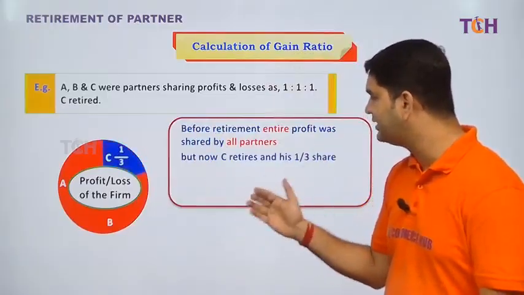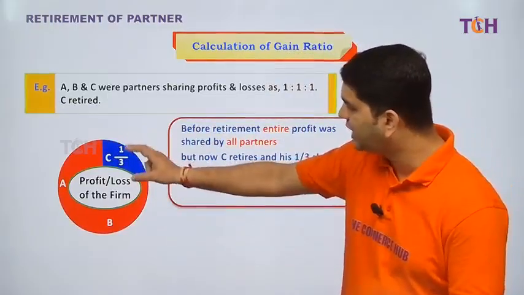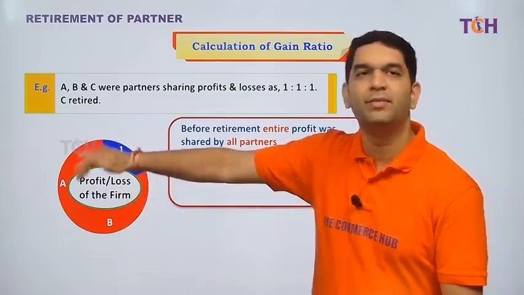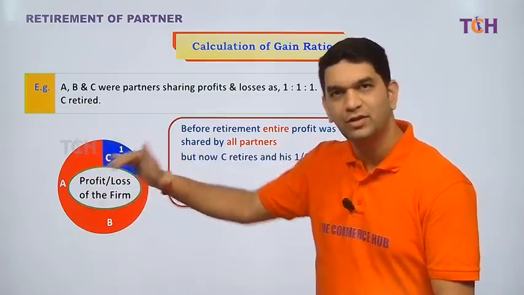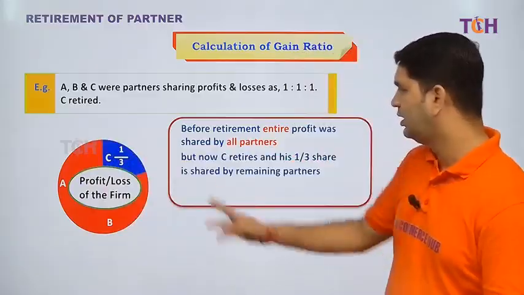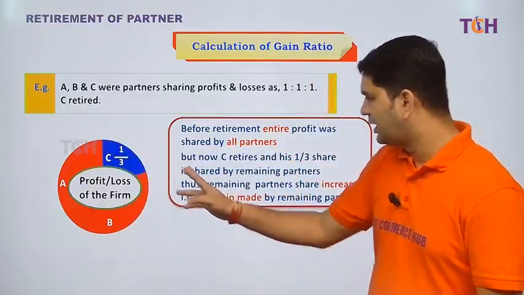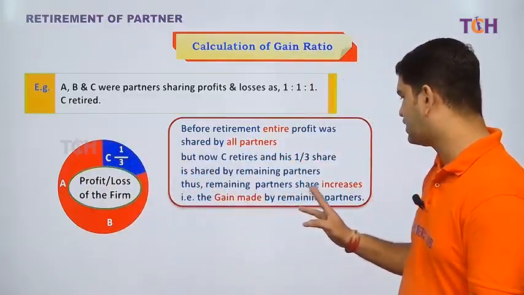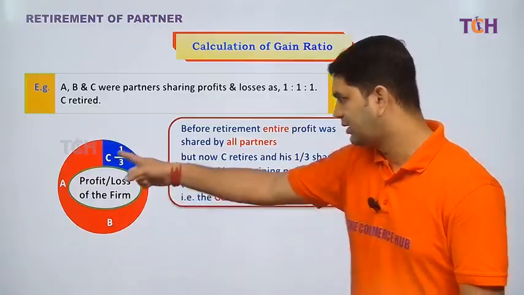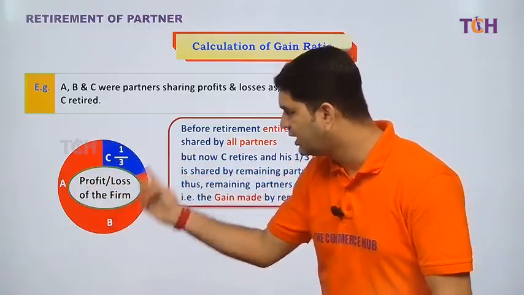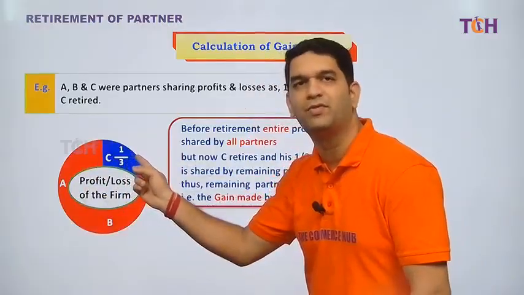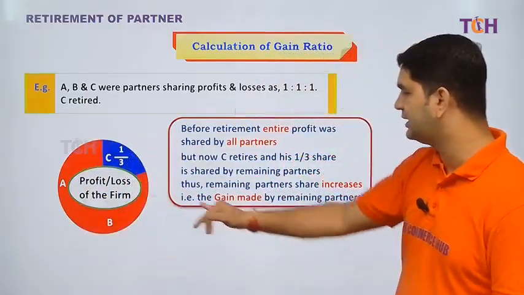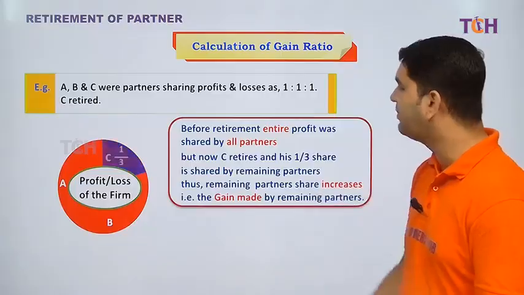But now, if C is retiring, his 1/3 share will also be distributed to A and B, right? So that is what they are gaining. Remaining partners are going to get his share. Their share increases. This was their share, and now they're going to get some part of this also. That is the gain made by remaining partners.